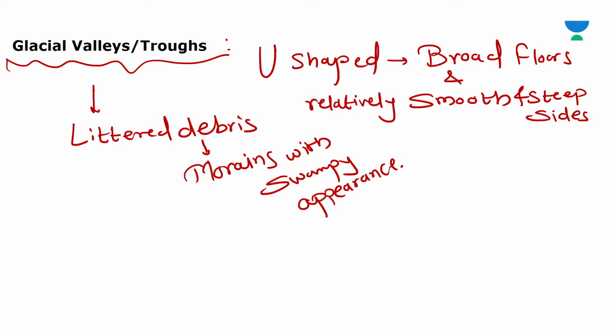The faces of divides or spurs of such hanging valleys opening into main glacial valleys are quite often truncated to give them an appearance like triangular facets.